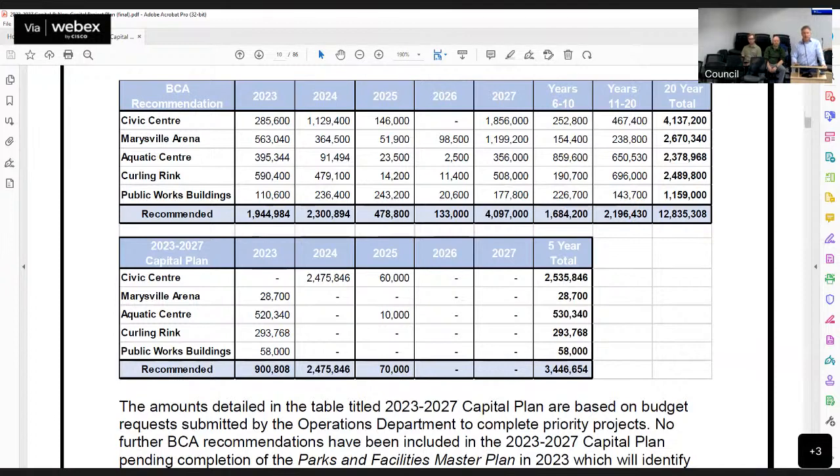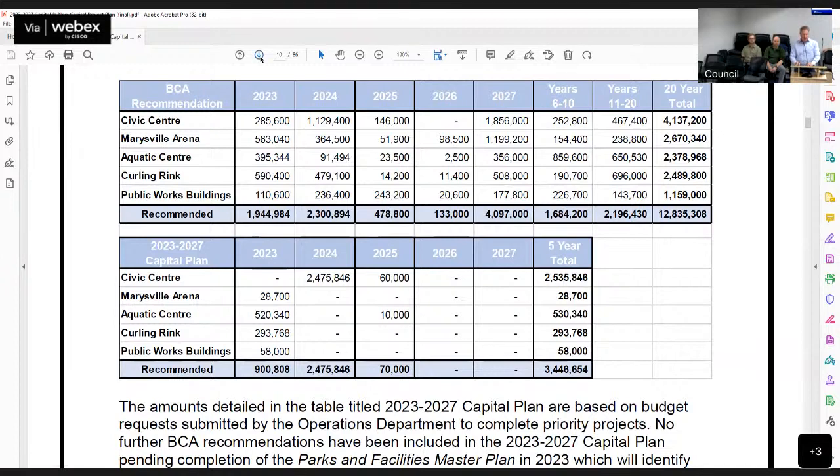The smallest one I think is 3,000. The largest is 13,700. So just a bunch of little things that that BCA has identified need to be done in that facility. So there's some in the non-capital page in here as well for 2023. Any questions? We've talked about that quite a bit already.